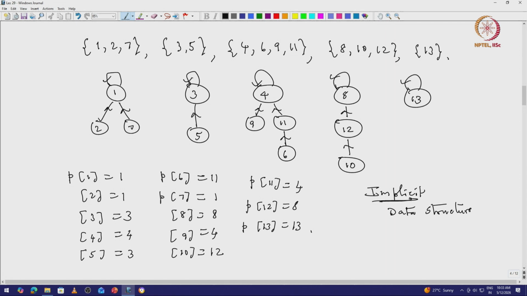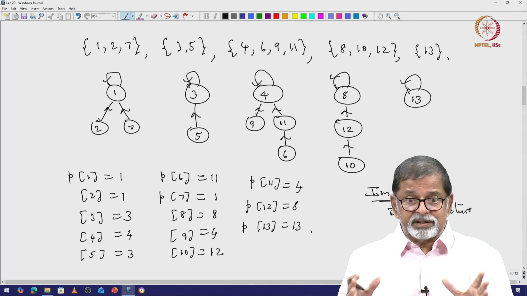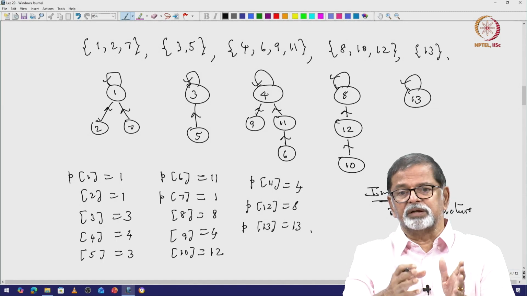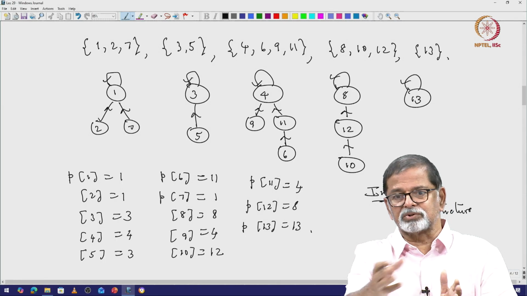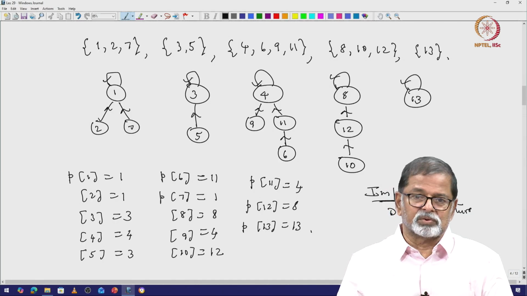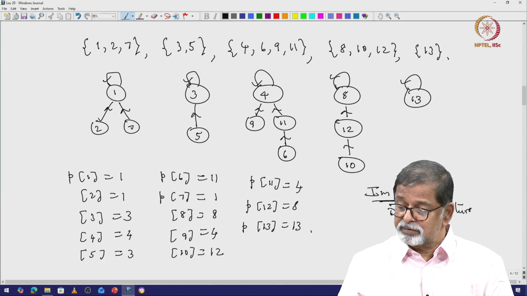Now, in this representation, how do you do union? You will be given the names of the sets. Find the union of these two sets, where the references or the names will be given. So, how do you perform the union?